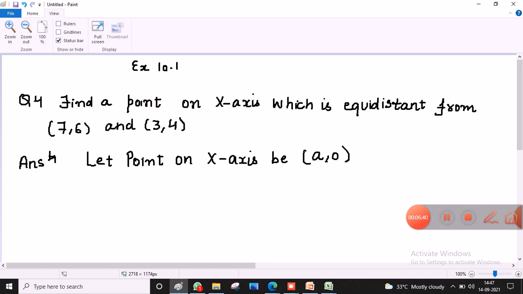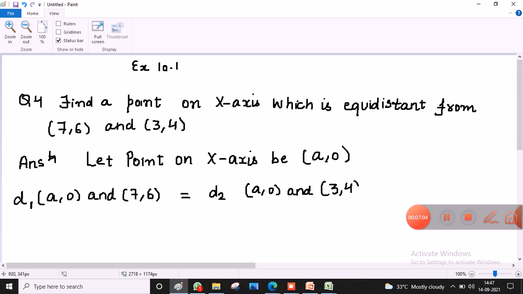Now the distance between this point a comma 0 and 7 comma 6, this distance d1, is equal to the distance between a comma 0 and 3 comma 4.